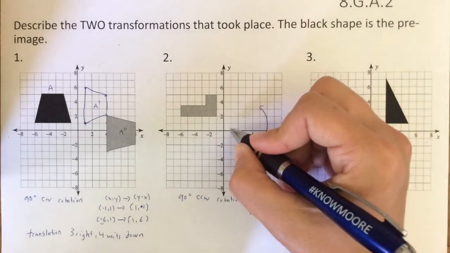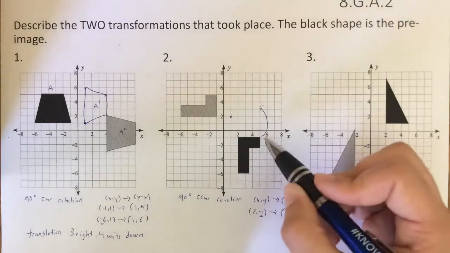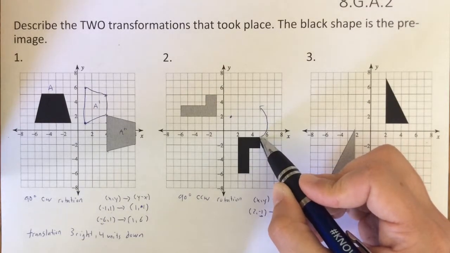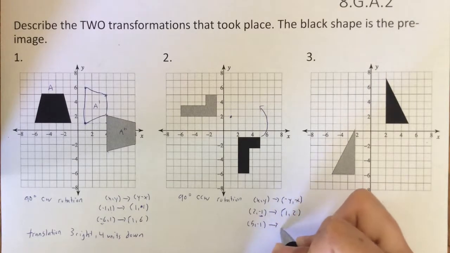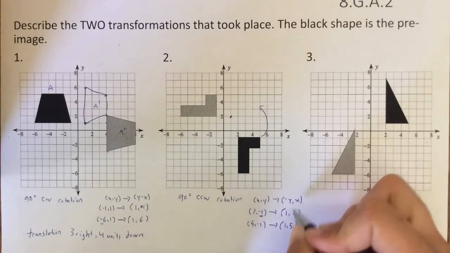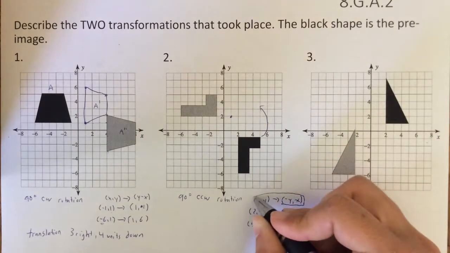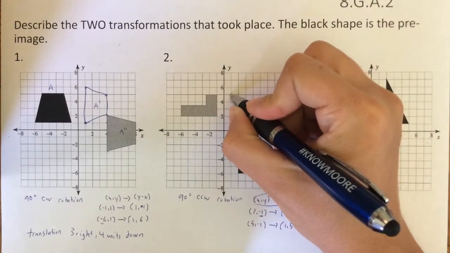So my new point is at 1, 2. The next point I'll do is this one down here, at 5, negative 1. This then will become 1, 5, using the same rule. So 1, 5, I'll plot my point up here.